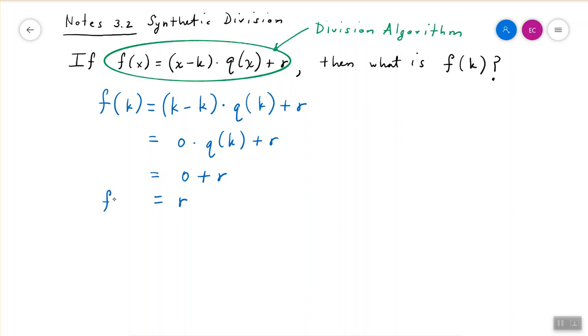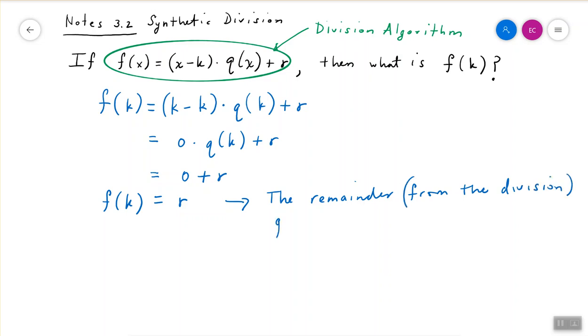So this is a nice result. It tells us that the remainder from the division gives us f of k.